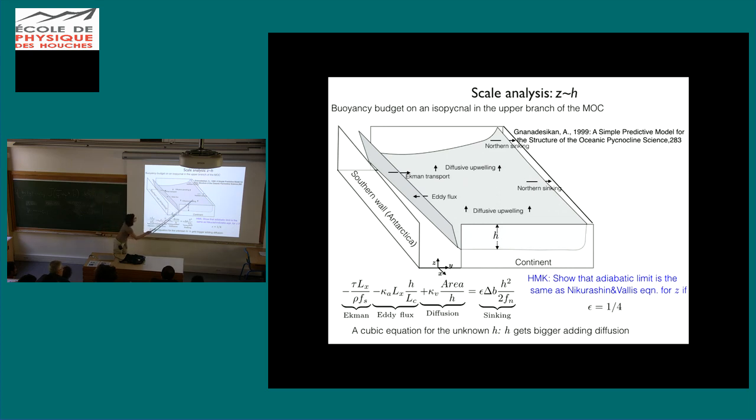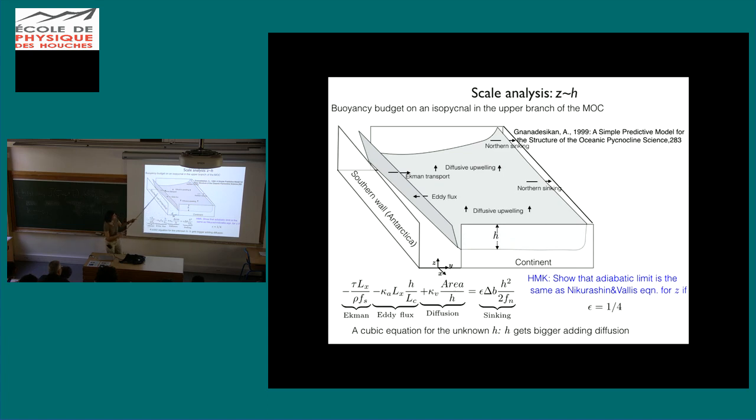Then there is, of course, diffusive upwelling a la Stommel Monk idea, which, okay, Raf will show you that that's not how it works, but it's considered to happen in a diffusive way, spread over the whole area.